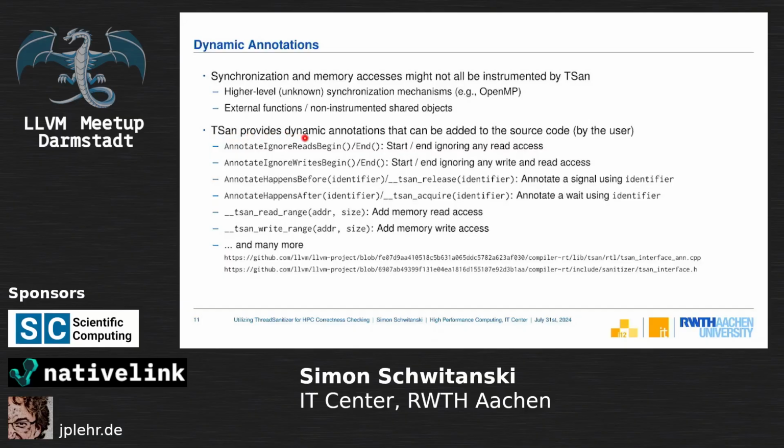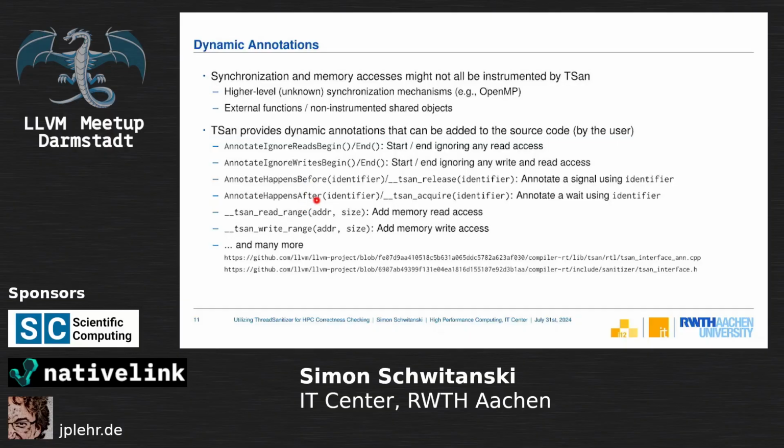And those are calls that I can add to the source code as a user, or later on a tool can add. Like, okay, annotate ignore reads begin and end. You tell ThreadSanitizer, please start and end ignoring any read access or write access or whatever. What's also important, if you want to annotate synchronization, then you have annotate happens before and after.